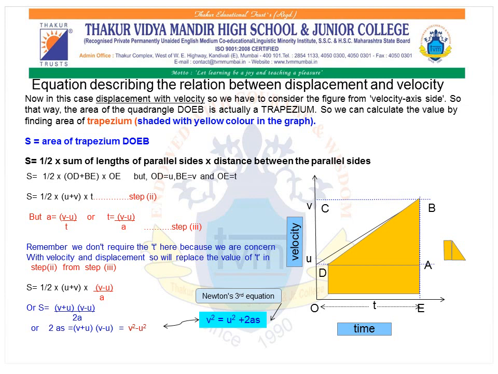But from the graph we see the values of OD is U, BE is V and OE is T. So on replacing the values in the formula, we get S is equal to half into U plus V into T, and that will be our step 2.